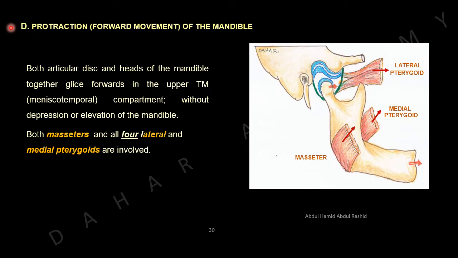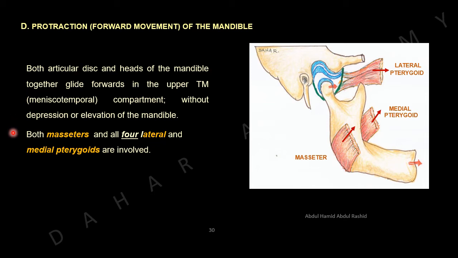D. Protraction, that is forward movements of the mandible. Both articular discs and heads of the mandible together glide forwards in the upper TM compartment, that is meniscotemporal compartment, but without depression or elevation of the mandible.